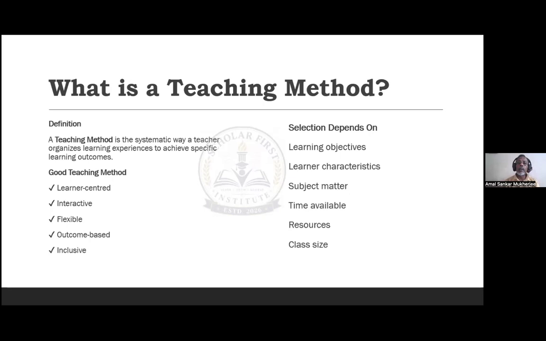The learning objectives, learner characteristics, subject matter that is to be taught, the time available for teaching of that particular content, resources, as well as class size. So these are the factors depending on which the teacher can select the specific teaching method for the specific content.